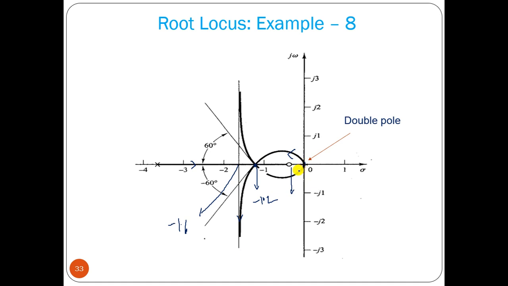This pole should come here and break away from the point minus 1.2, and go along the asymptote line to infinity. And this pole should come here, and from that point it should go to that finite 0. So this is the plot.